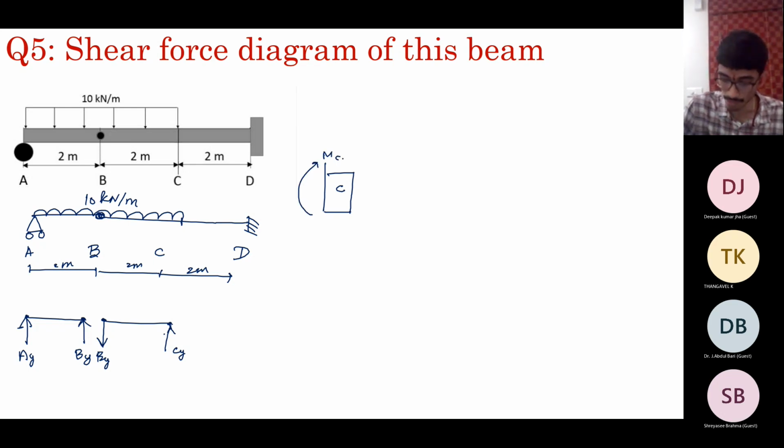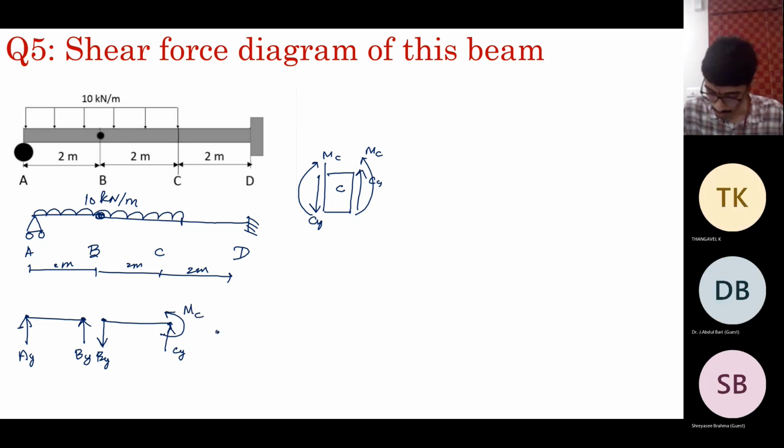So if you have moment MC this side, it will be the same this side. It is not discontinuous. And if you have a shear force Cy this side, you'll have equal and opposite shear force this side. So you will have MC, and on this side, equal and opposite MC. You'll have Dy, MD. This is the assumed convention.